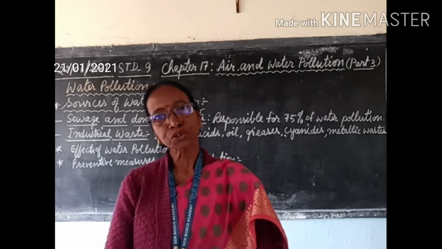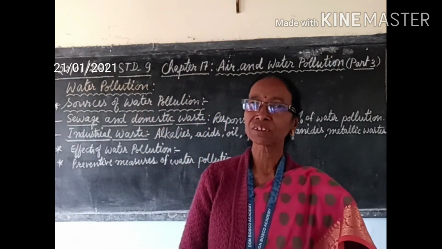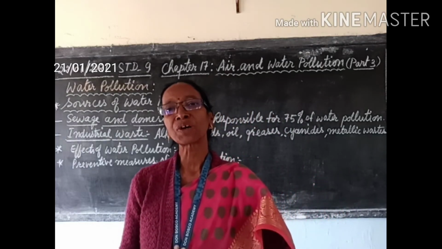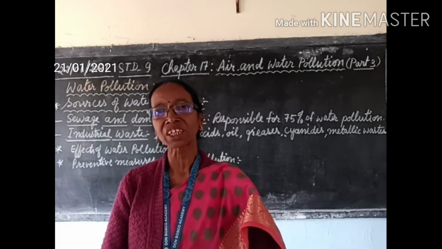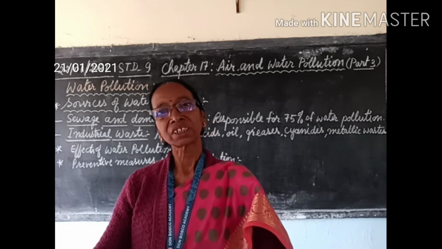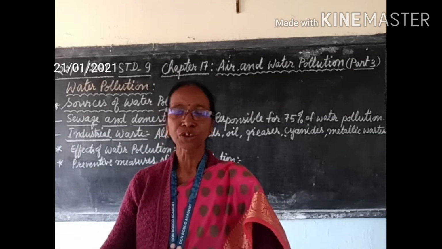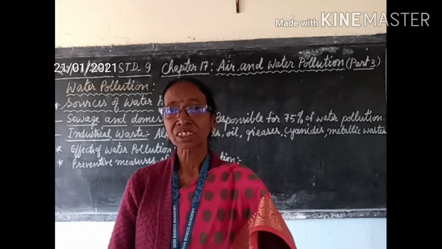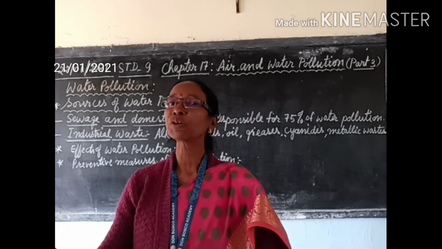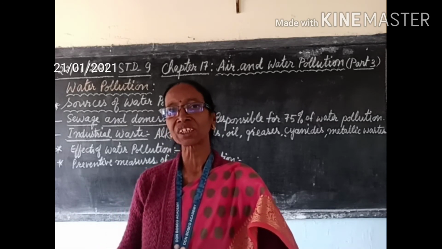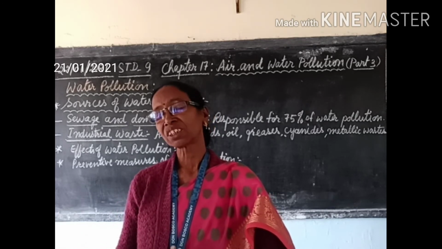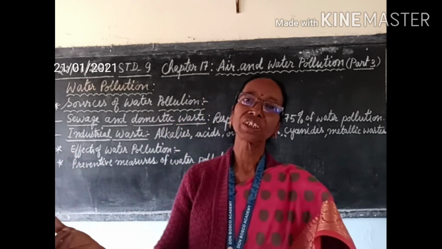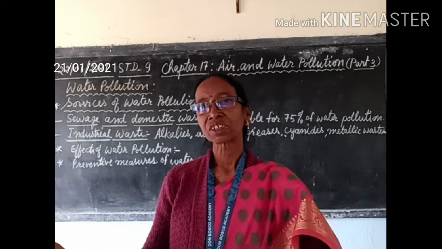We cannot use water which is polluted. And sometimes we use pure water which we use for drinking for taking a bath or washing clothes or washing utensils or other purposes. So that is the loss of good pure water which we use for drinking. So it should not be used for other purposes.